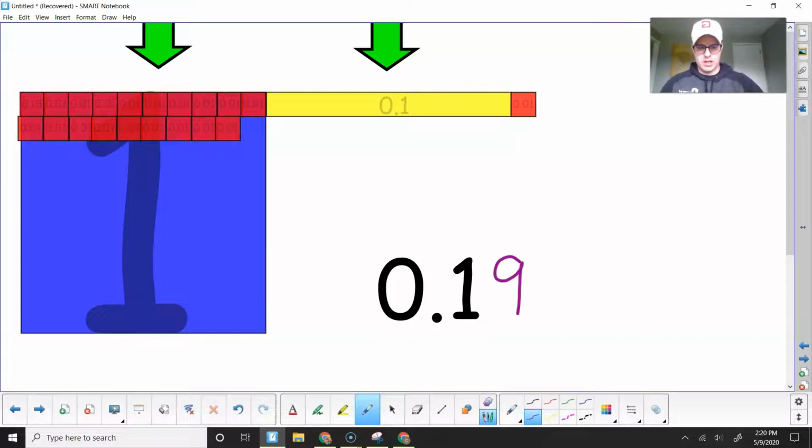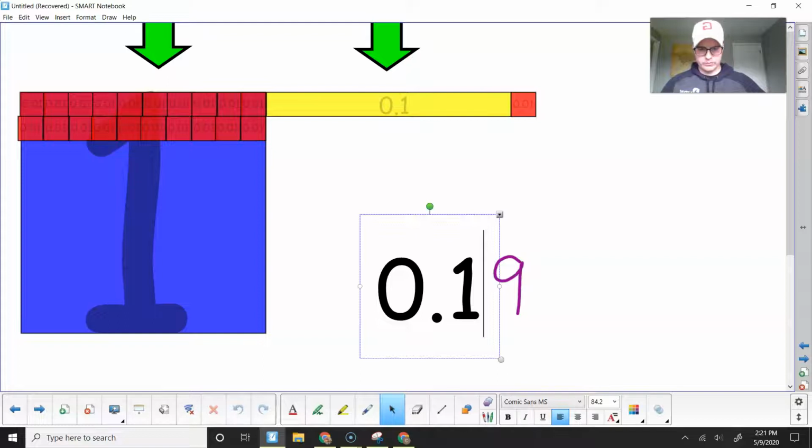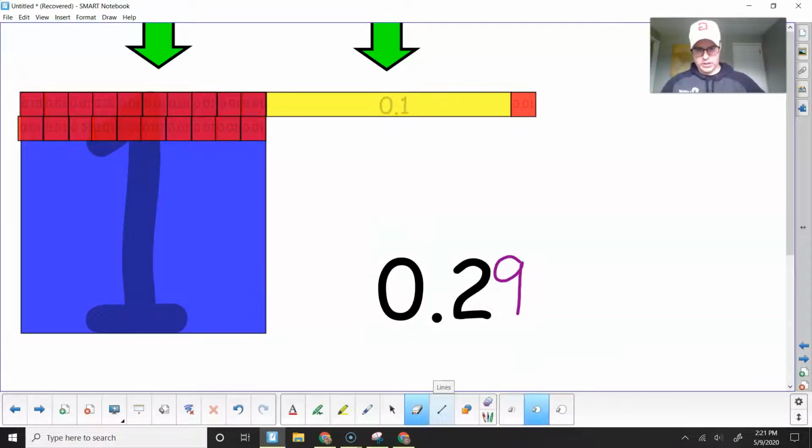I'm at 0.19. If I add one more hundredth, I am going to be at, let's find out. I'm going to get 20 of them. So my number is going to change to a 2 and a big fat 0.